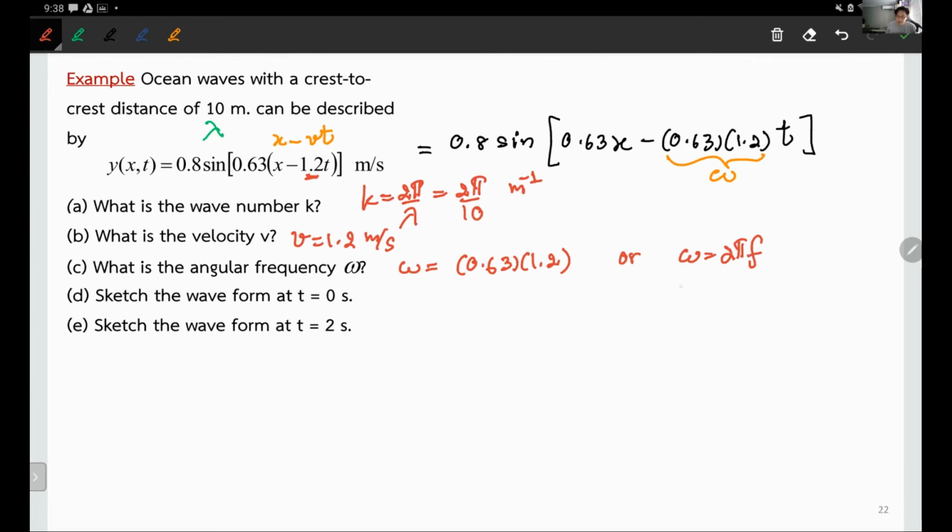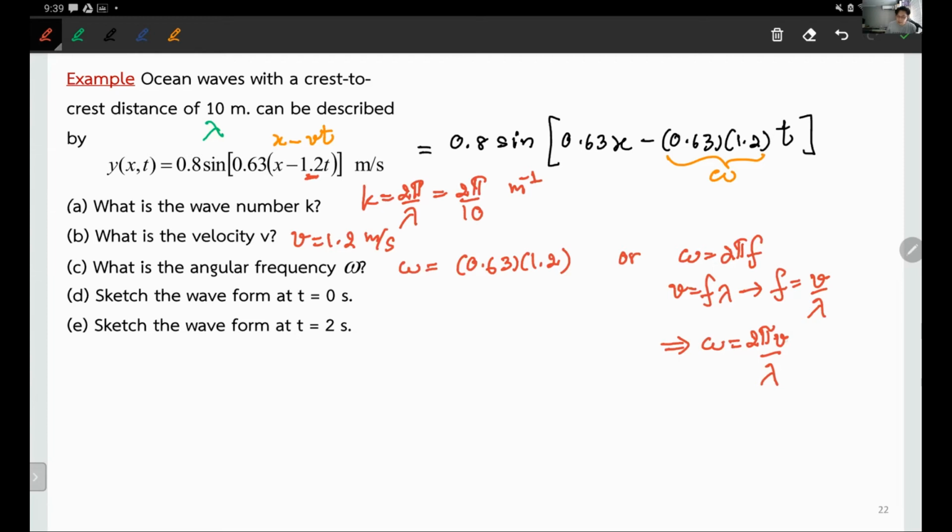Or because omega is 2 pi f, if you want. But v equals f lambda. So that means f is v over lambda. You know the v from part B. You know the lambda from the problem that gives you. So you can say the omega is 2 pi v over lambda if you want.